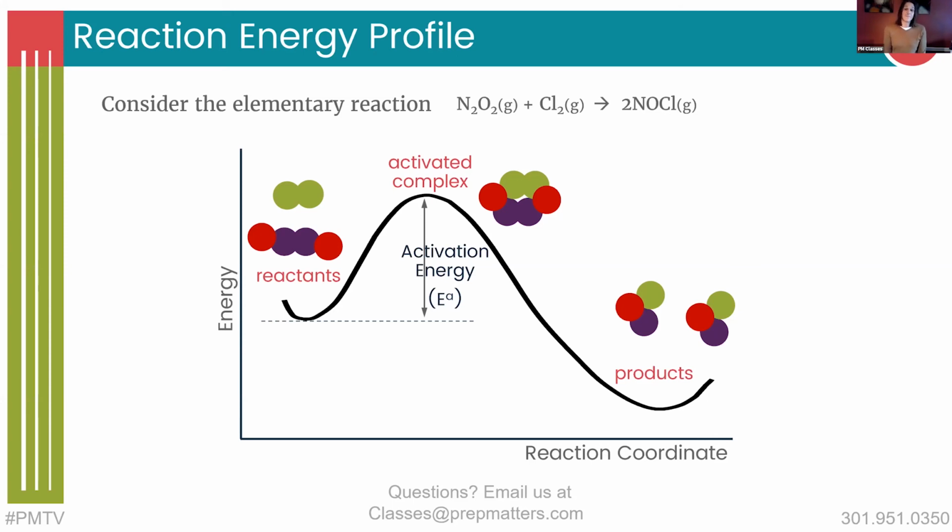How much higher that activated complex energy is compared to the energy of the reactants themselves, and we'll talk more about how to find those numbers next week when we talk about energy, is what's called the activation energy. And that's why not all collisions result in reactions. They need to have enough energy to overcome the activation energy to get down the hill to the other side and form products.